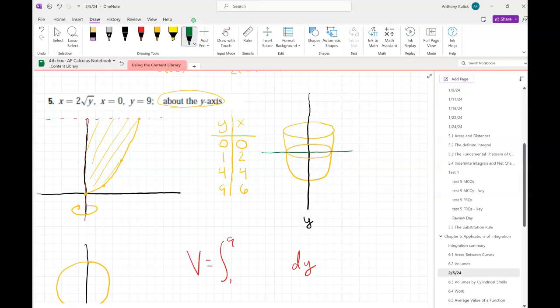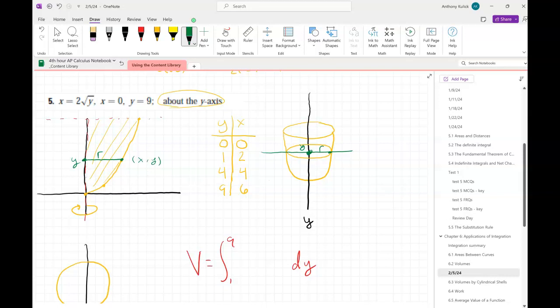All right, so this is some y value we've chosen, and that's our radius, right? So that's just some point, x comma y.